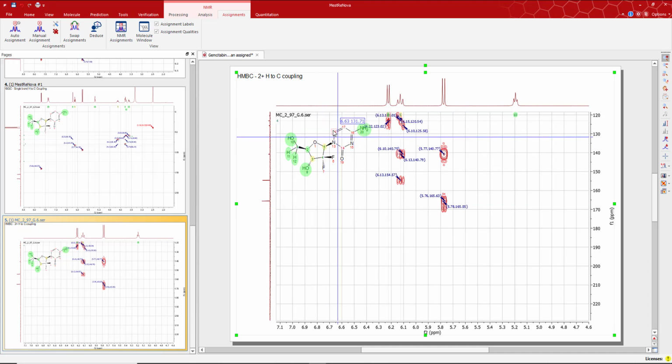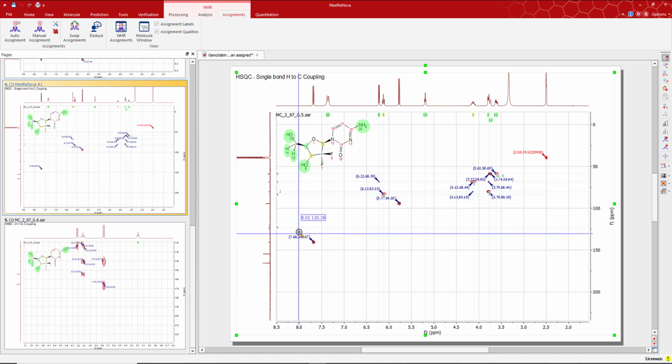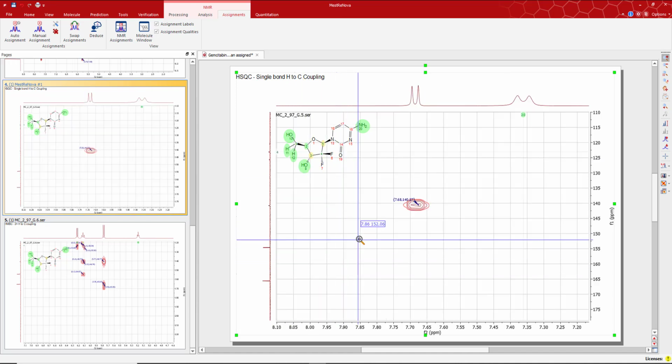And we can use that to find proton and carbon 18, because I'm unlikely with proton number 5 to see any other protonated carbons that I haven't yet assigned. So let's go into the HSQC and investigate carbon at 140, and yeah, there's a cross peak at 140 ppm down here.